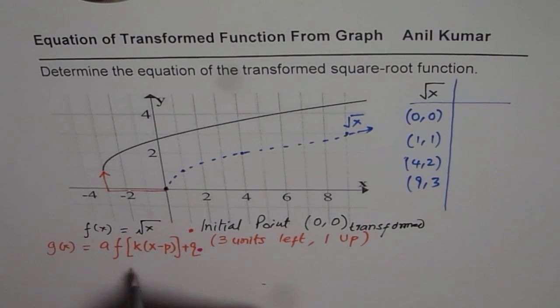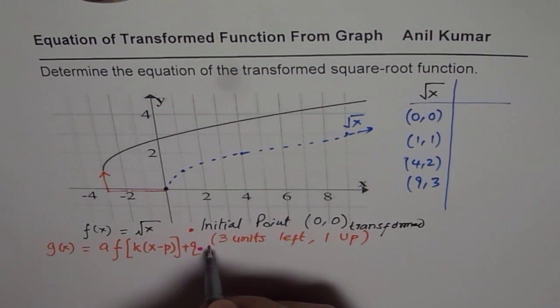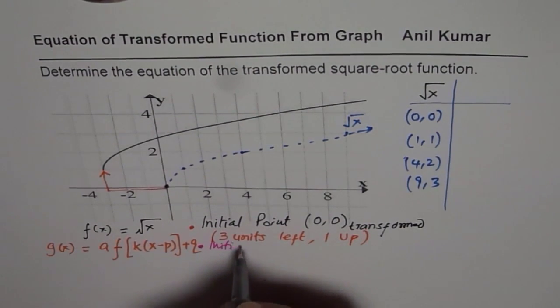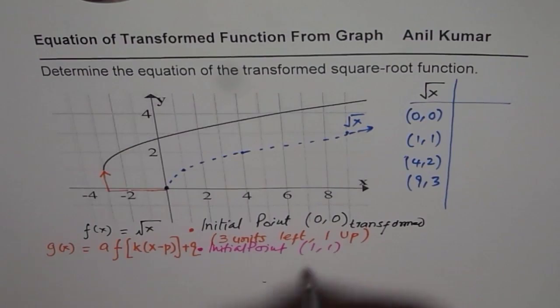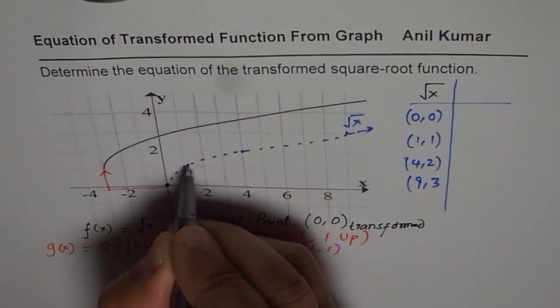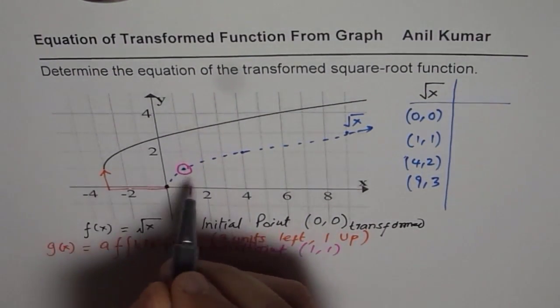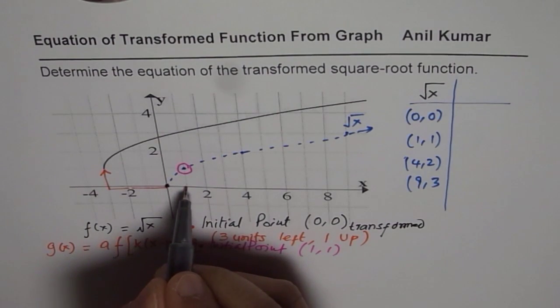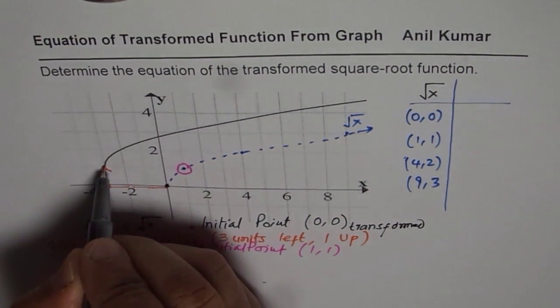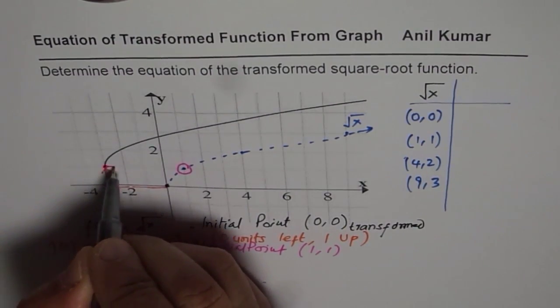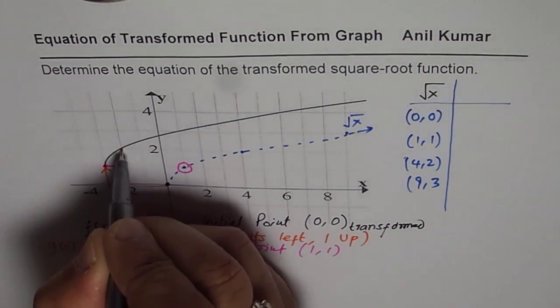The initial point to consider for stretch factor is 1, 1. See how this point gets transformed. That means if you move 1 unit to the right, how much up or down you go. In this case, if I go from here 1 unit right, I go only 1 unit up.